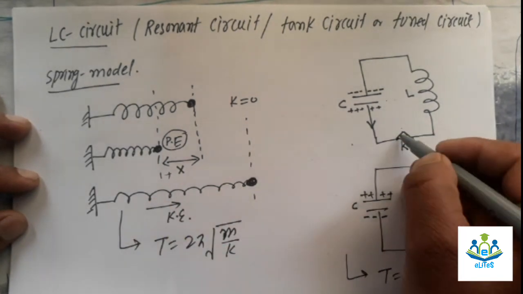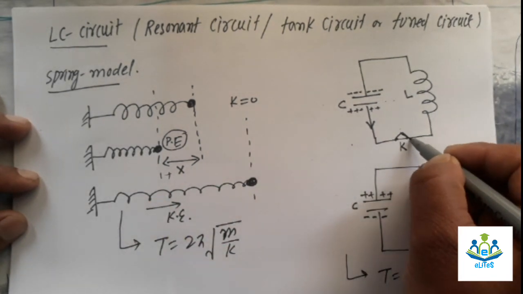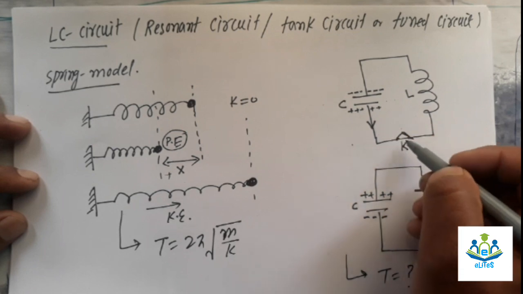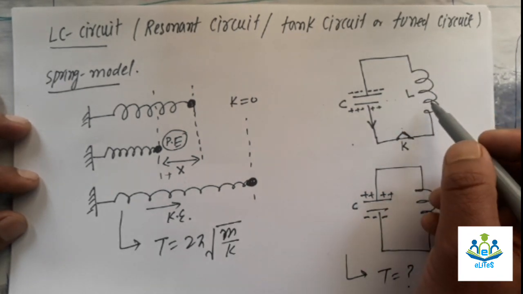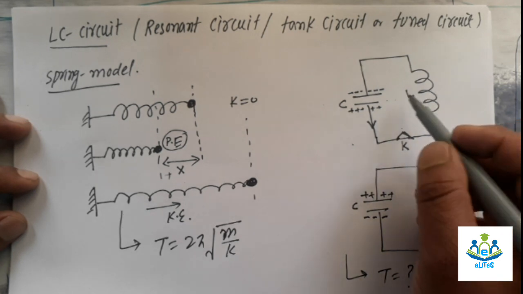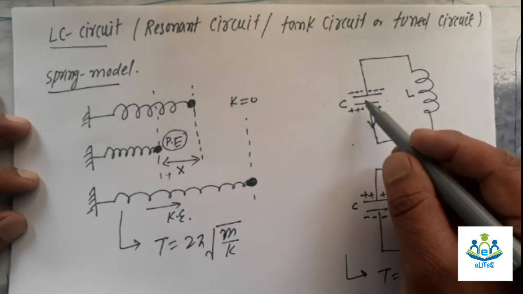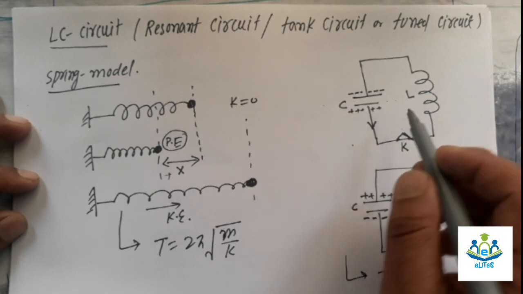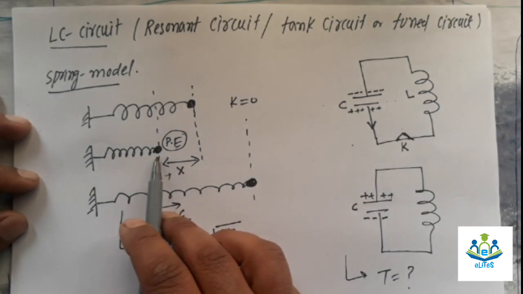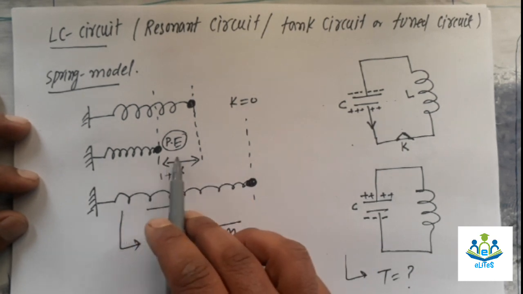Now if I switch this key on, the current will start flowing through this circuit and the current through the inductor will start increasing. That means the energy stored in this capacitor will be decreasing. As soon as I release the spring, it will start oscillating, it will start moving.